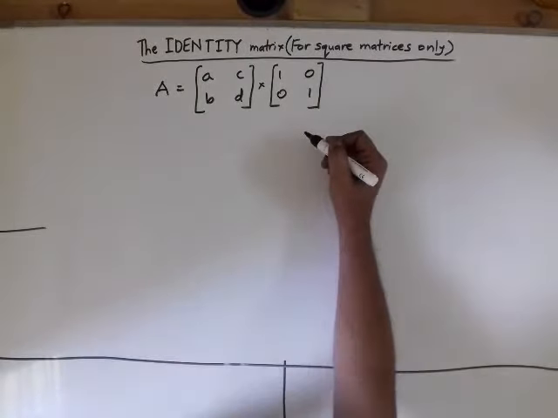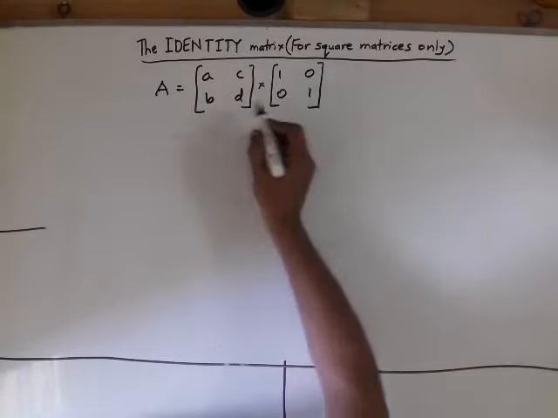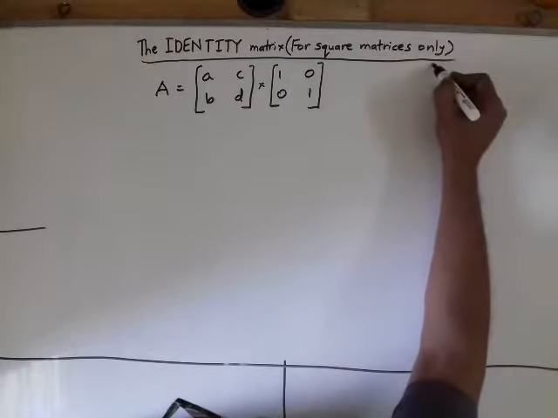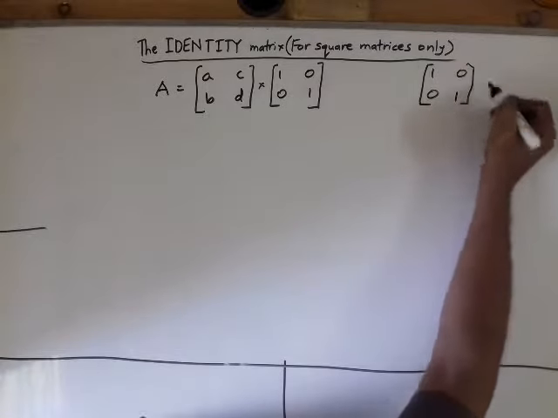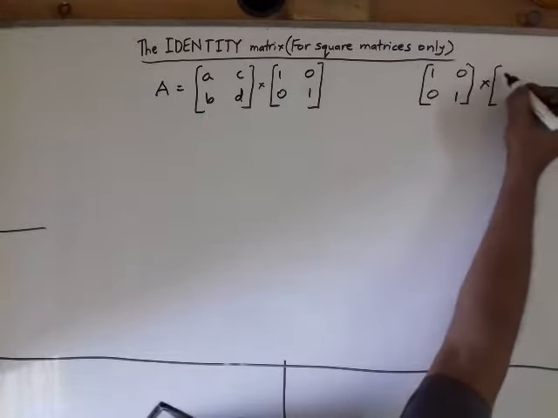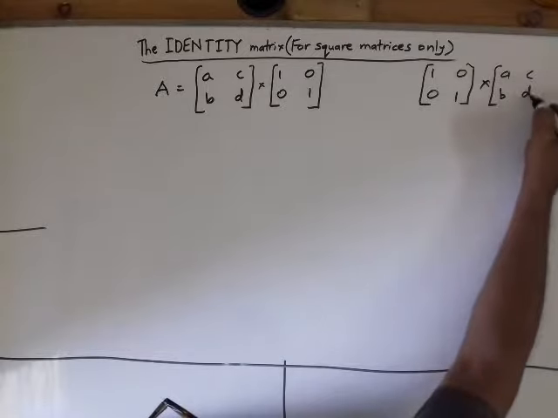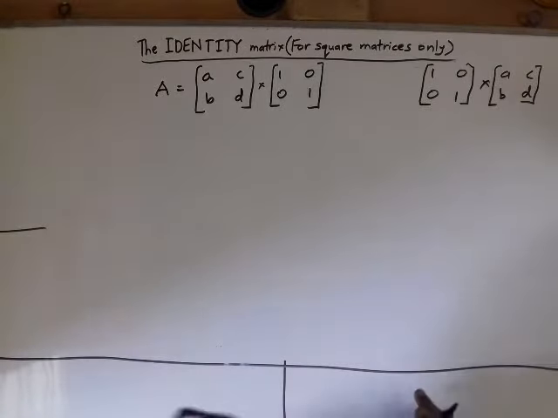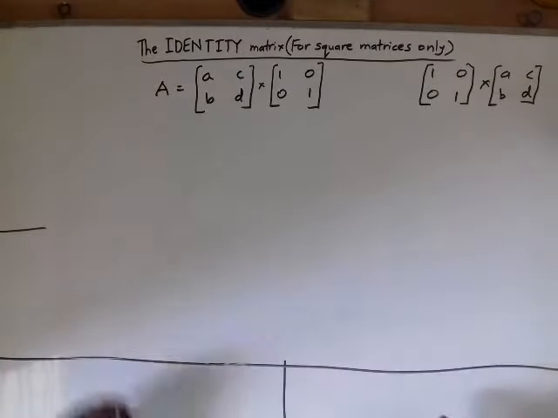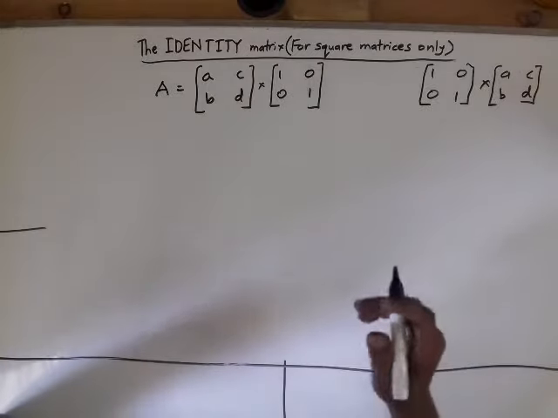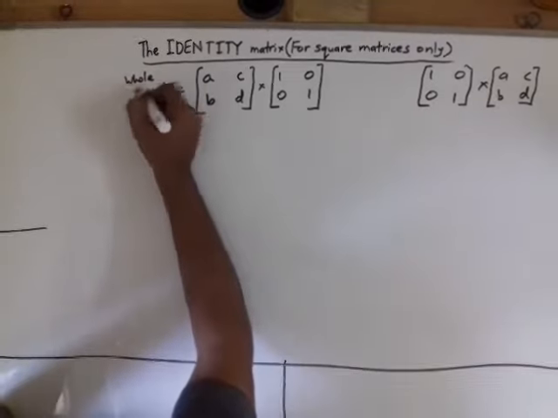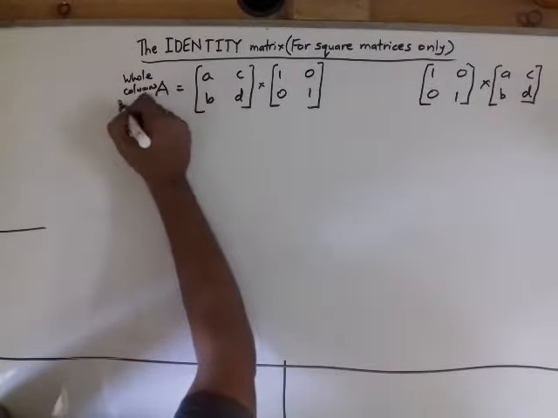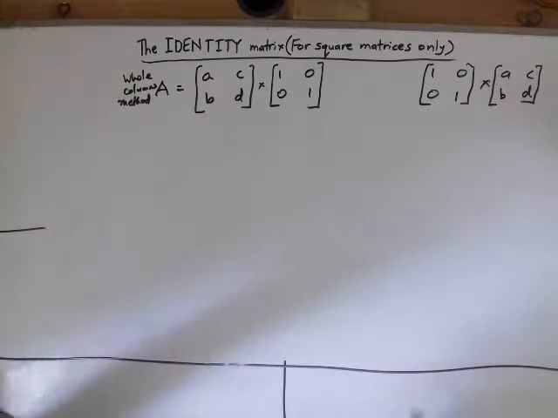And on the other hand, we are going to look at the identity matrix 1, 0, 0, 1 into A, B, C, D. Here we are going to put to good use all that we learned about matrix multiplication. I hope you remember the whole columns method of multiplication of matrices. That's what we are going to use.